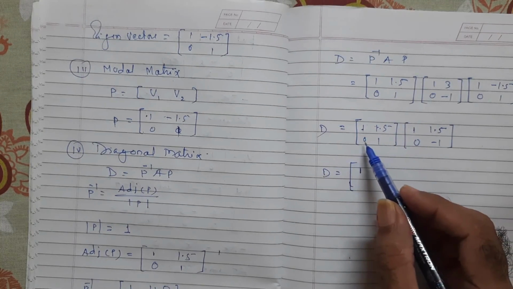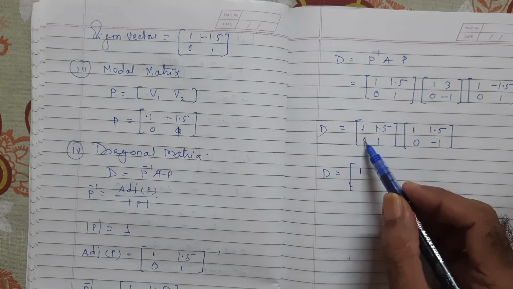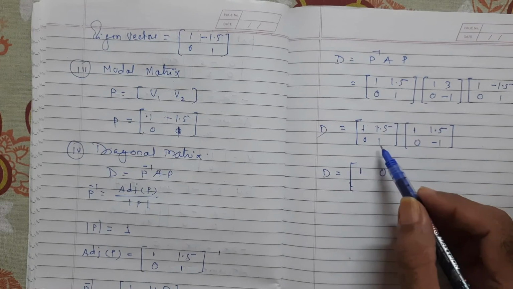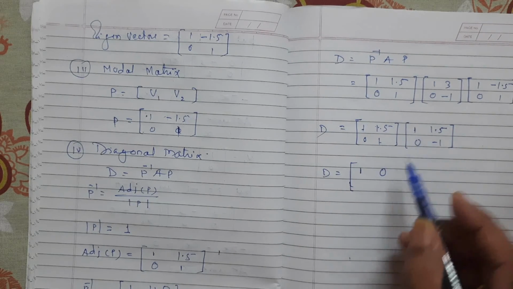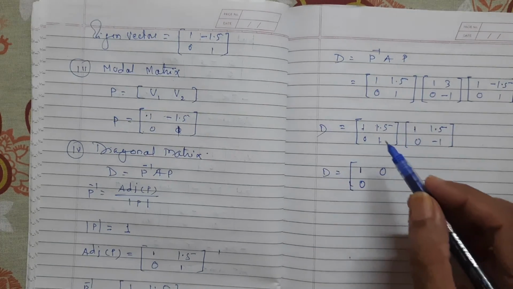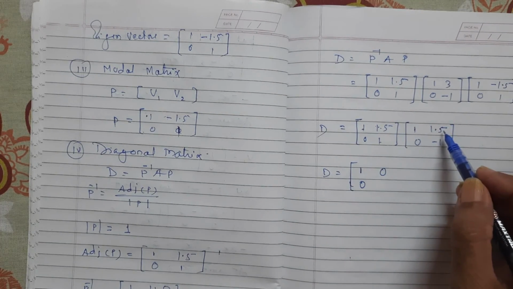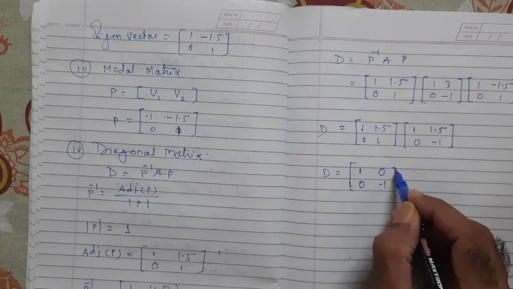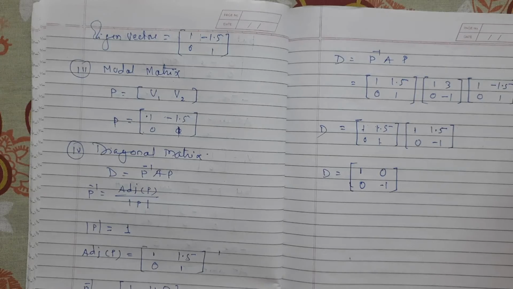Now this is 0 into 1 that is 0, minus 1 into 0 that is 0. So we have 0 here, 0 here, and here is 0 into 1.5 that is 0, and 1 into minus 1. So here is the minus 1.